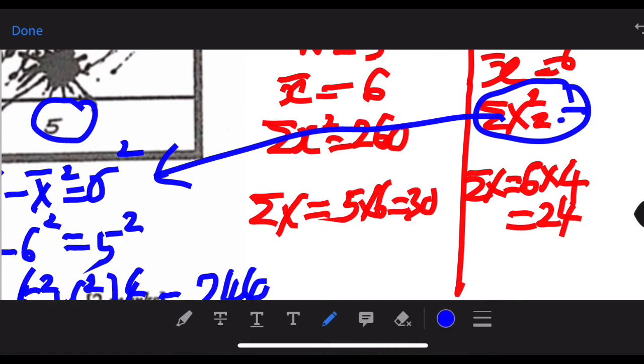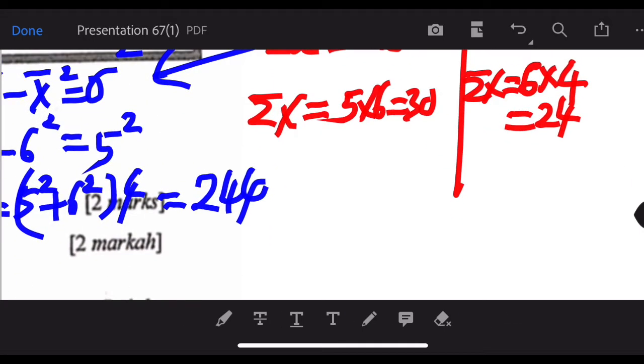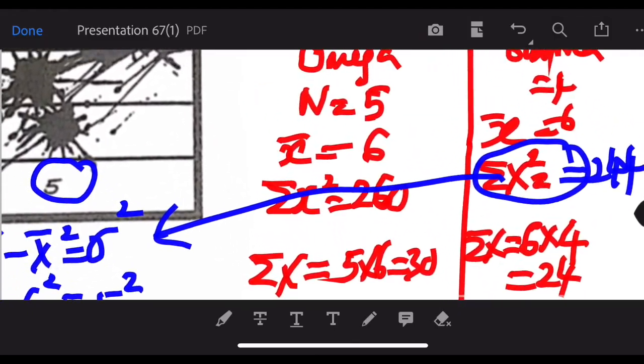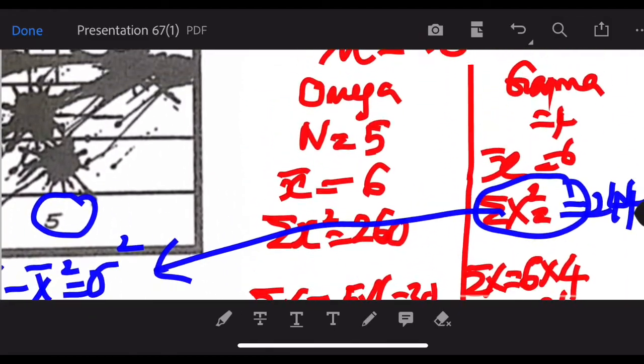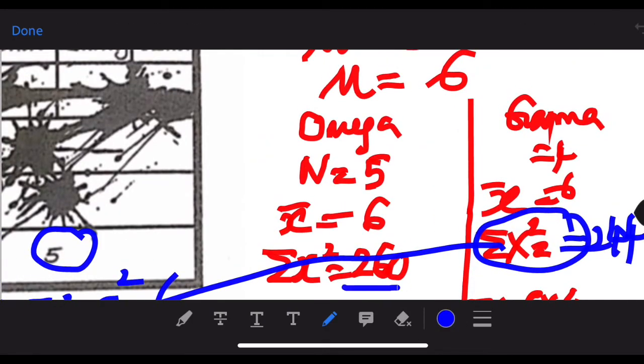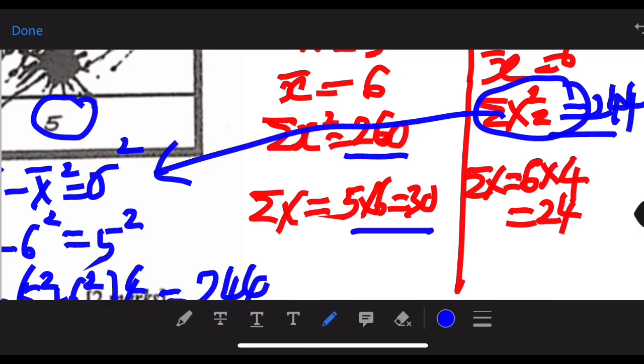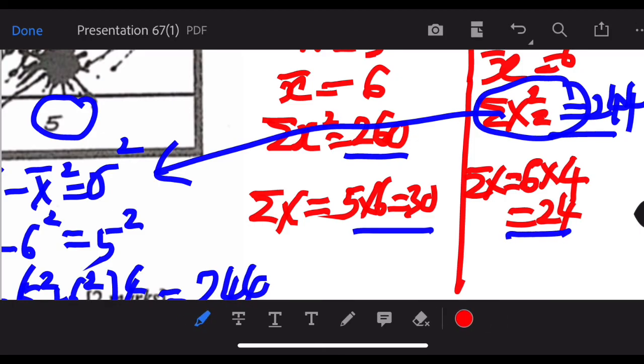Then we can find the combined variance. How to find the combined variance? We need to combine the sum of data square for both, and we need to combine the sums, 30 and 24, meaning that we have to find a new mean.